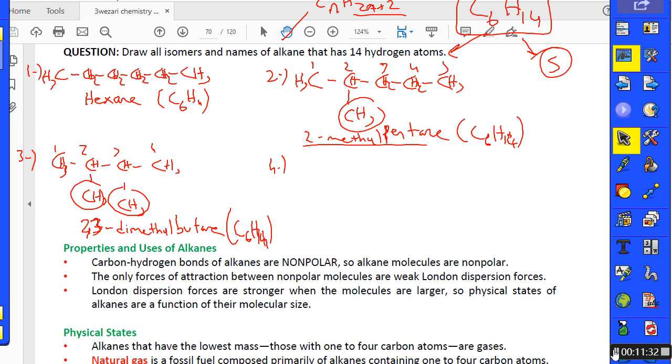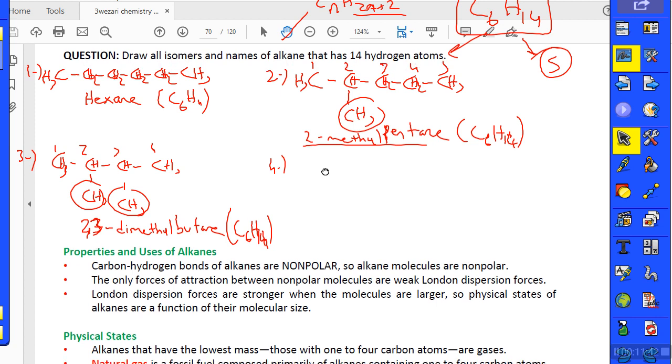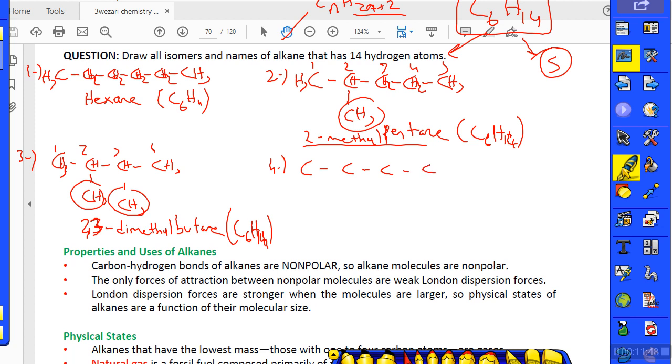Okay, guys, the fourth one, let me write again for you. We write the first one hexane, 2-methylpentane, 2,3-dimethylbutane, and the fourth one we can use like that, guys. We use the 5 carbon. 1, 2, 3, 4, and 5. And in the middle, the center, you can also add 1 CH3: CH3, CH2, CH, CH3, CH2, and CH3.